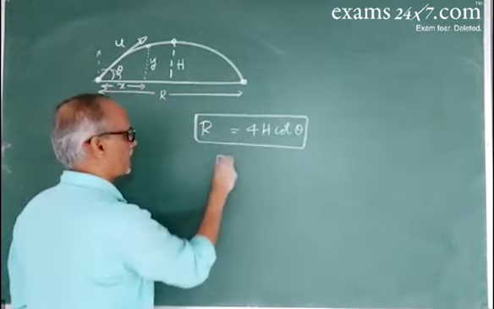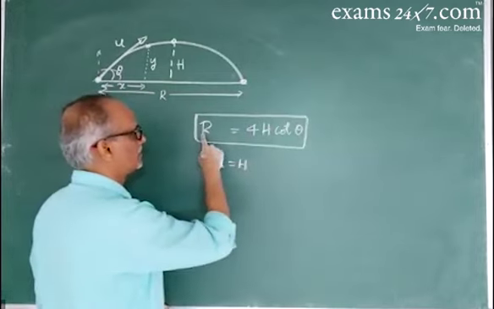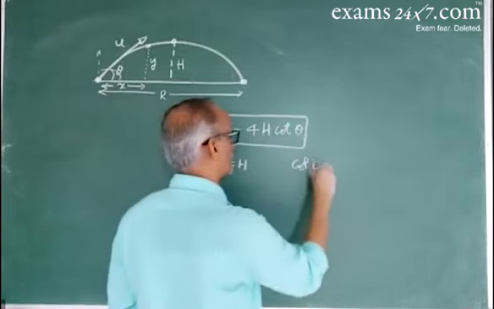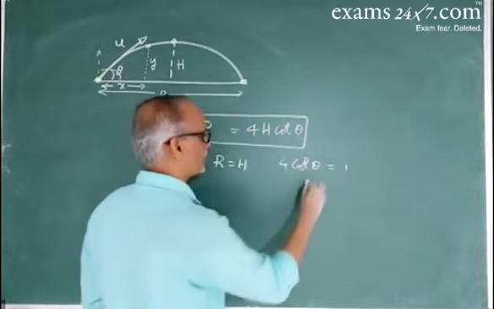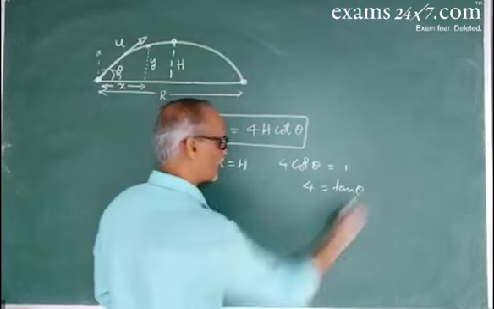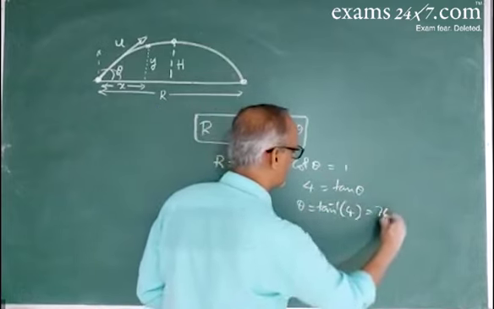If R is equal to h, then 4 cot theta is equal to 1, or tan theta is equal to 4, or theta is equal to tan inverse of 4, and you'll get that nearly equal to 76 degrees.